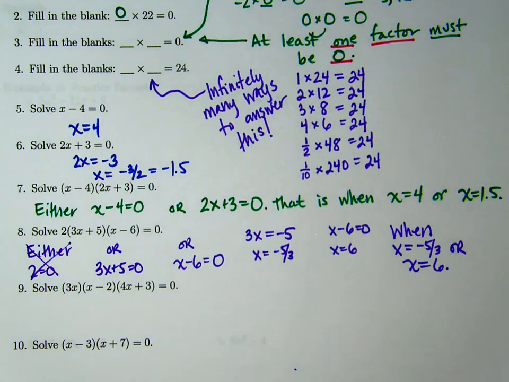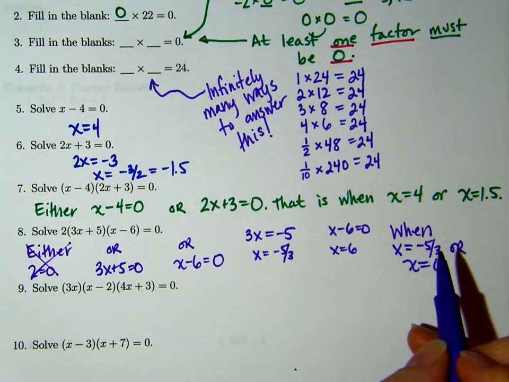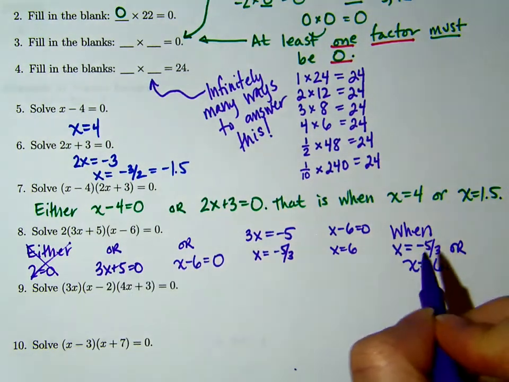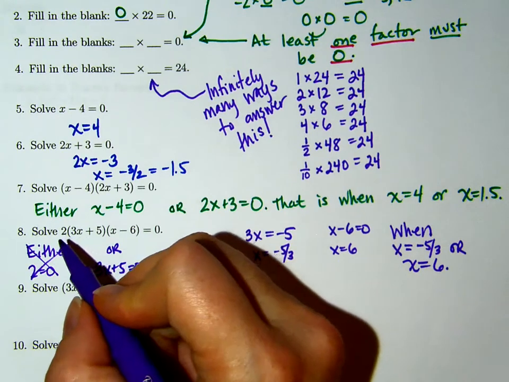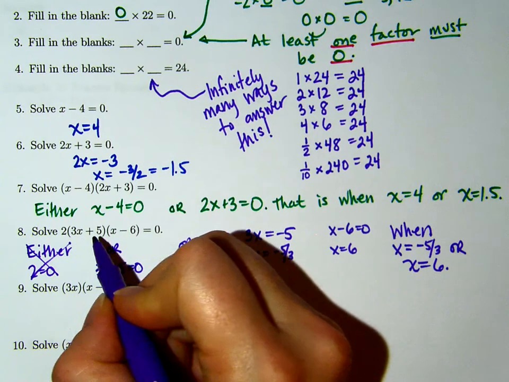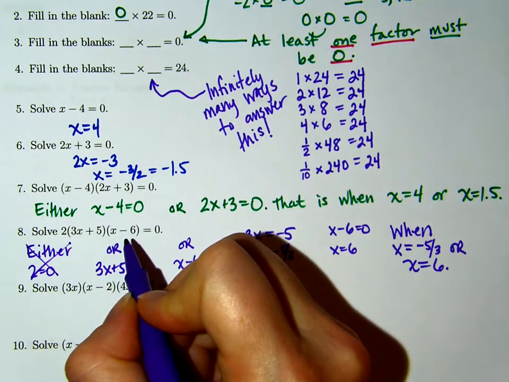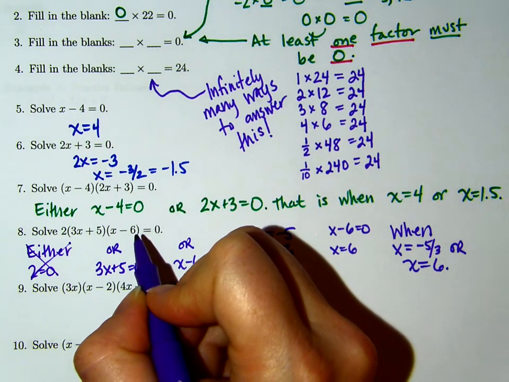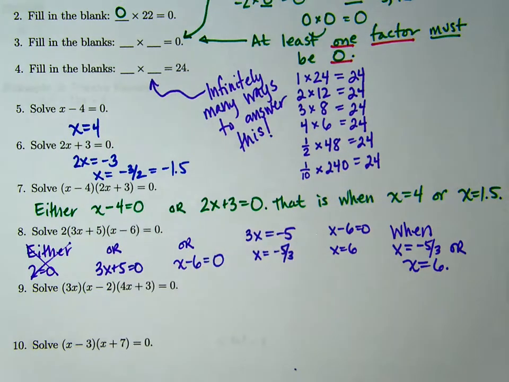And that's true. And the same thing would happen with negative 5/3. 3 of those would be negative 5. So we would have 2 times 0 times negative 23/3, I think. I just did head math. Forgive me.